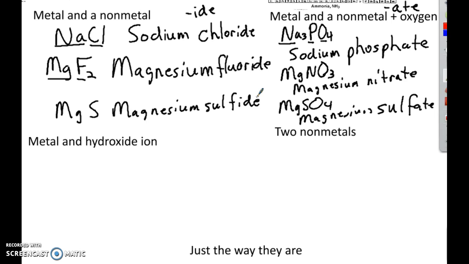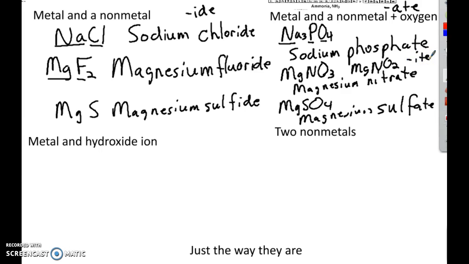Now, just for the record, sometimes you will see ITEs, like nitrites, which are in hot dogs. I believe Oscar Mayer is trying to get all those out of their hot dogs now, because they can cause cancer and so forth, which they've known for a long time, but they're finally deciding to do something about it. So magnesium nitrite would just be MgNO2. If there's one less oxygen, then it's ITE.